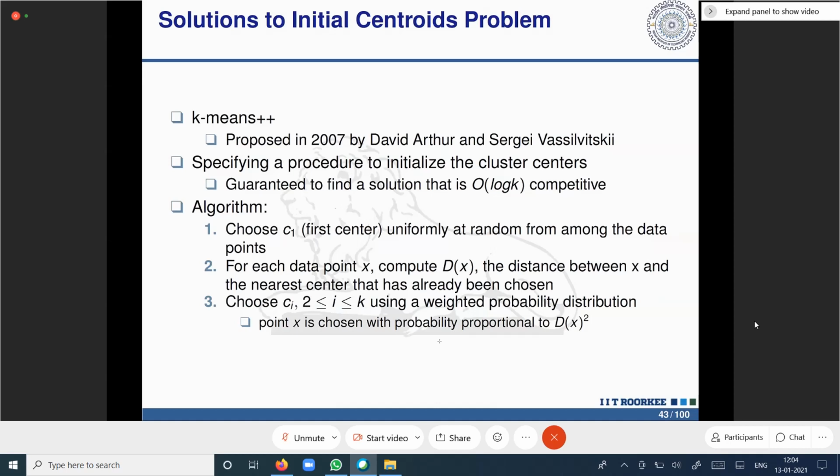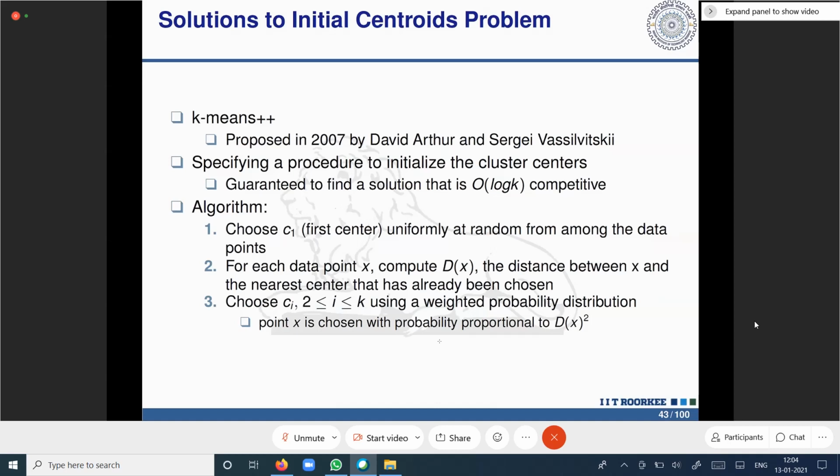So the first center is randomly chosen. Then for each data point x, we compute the distance between x and the nearest center that has already been chosen. And we choose the next center Ci using a weighted probability distribution, where point x is chosen with probability proportional to D(x) squared, right? So we initially choose 1 point and then find the distance of that point from all the points, right?